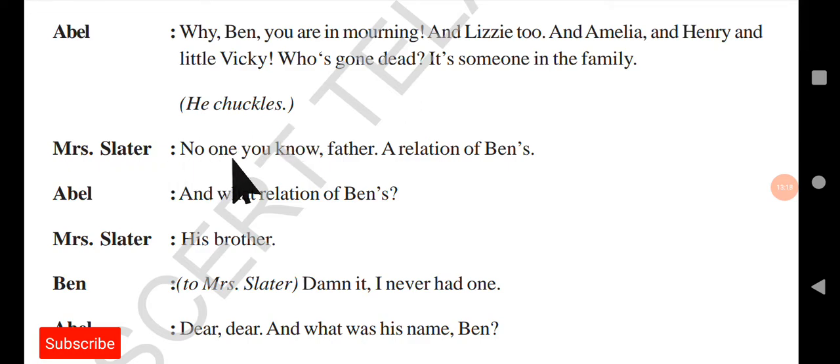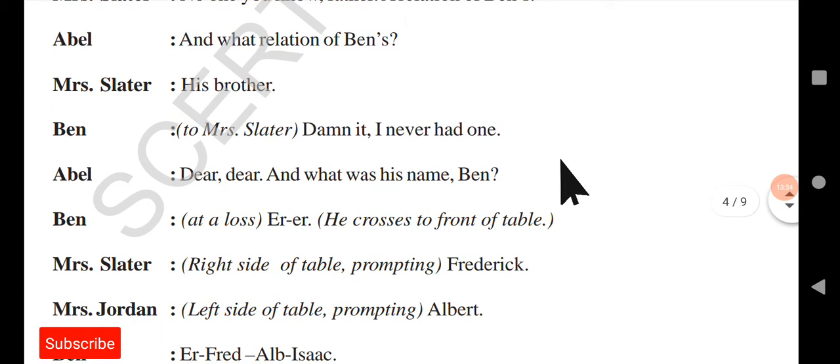Mrs. Slater says, no one, father, a relation of Ben's. Immediately Slater interrupts and says, nobody, father, none of our relatives have died. It is someone who is a relative of Ben. Abel asks, what relation of Ben? Slater says, his brother, Ben. Ben says, damn it, I never had one.